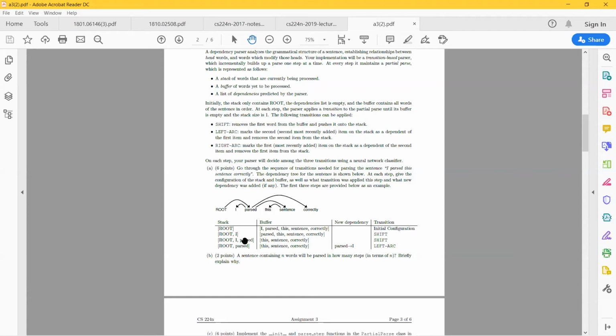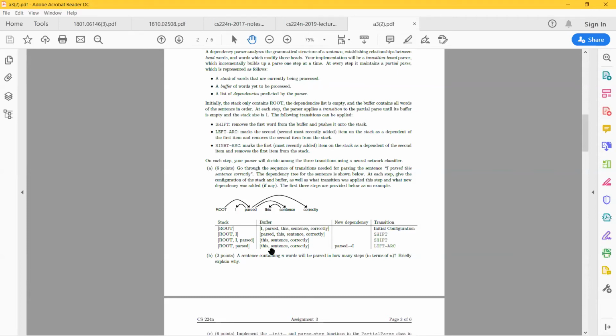The first word in the buffer, I, gets shifted into the stack. But you still don't have two words, and you need at least two words to form a dependency, so you shift again. Now you've got two words, and you can compare I and parsed, and you decide that I is a dependent of parsed, so that gets moved into the dependency list, and I gets removed from the stack.